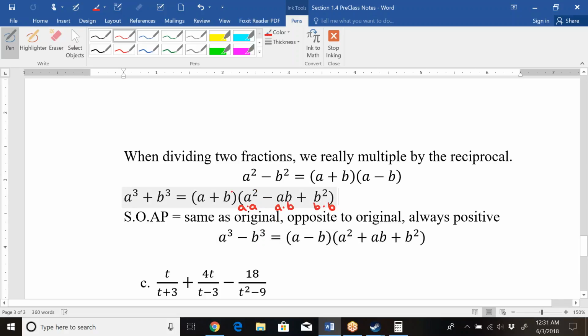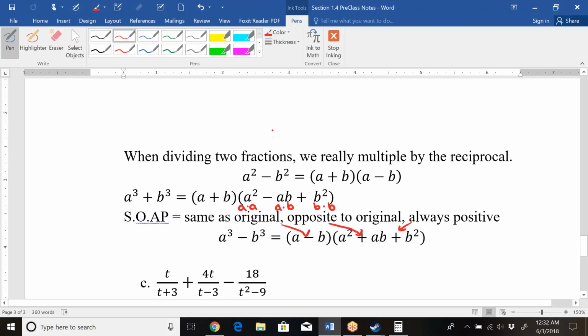And then the rule for the signs is that whatever the original sign is, the first sign in the trinomial in between these two is always opposite, and the last sign in the trinomial is always positive. So we remember that by SOAP: same as the original is the first sign, opposite to the original, that means this guy right here, and then always positive. So if you're subtracting two perfect cubes, then you get a minus first and then plus plus.